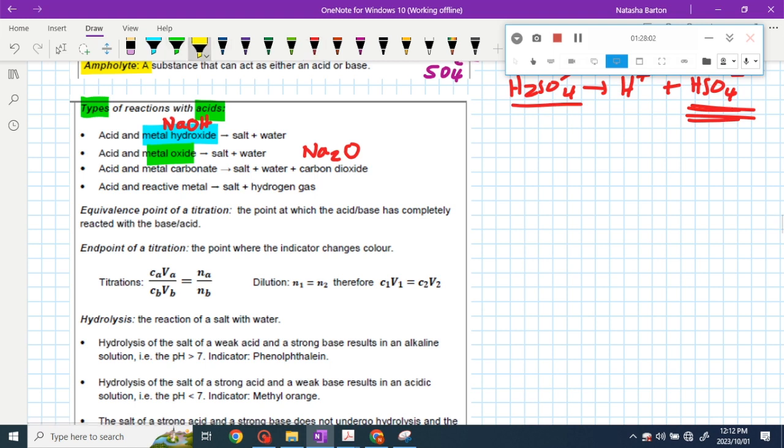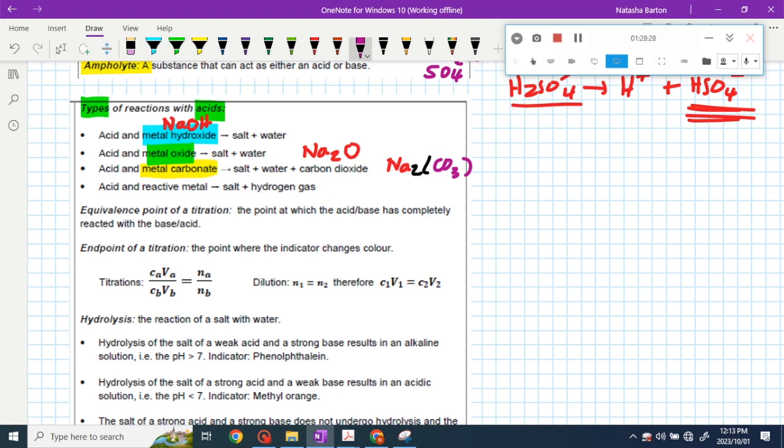But if we have an acid and a metal carbonate, like sodium carbonate, Na2CO3. Am I correct here? You guys must help me. CO3 is 2 minus. Am I right?